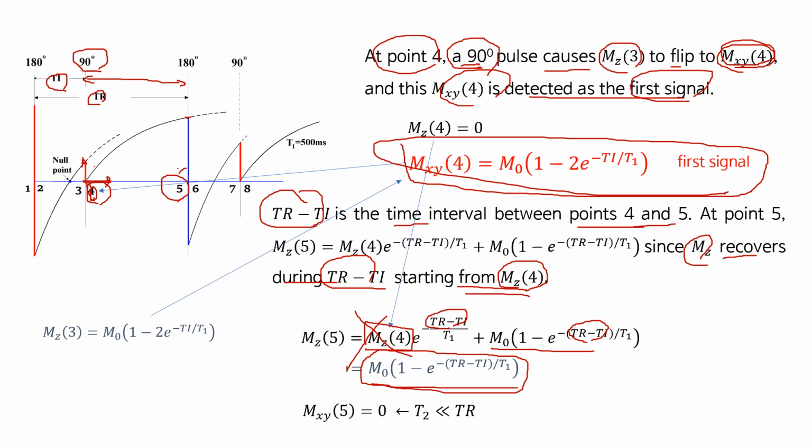So at point 5, there's no transverse magnetization, okay? And T2 is much smaller than TR, so the transverse magnetization disappears due to the T2 relaxation.